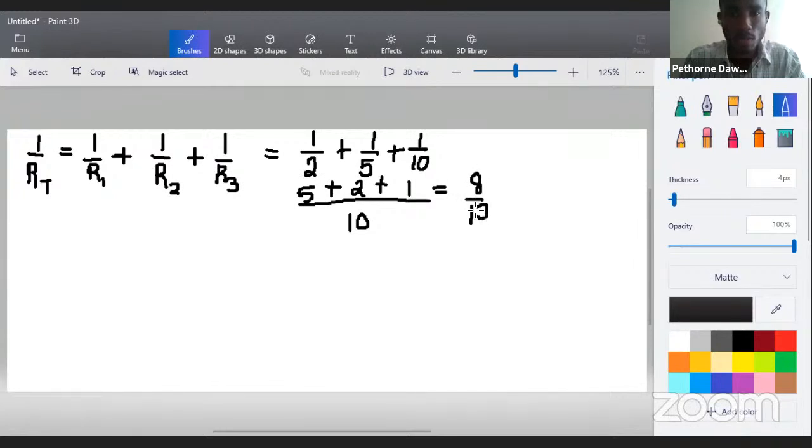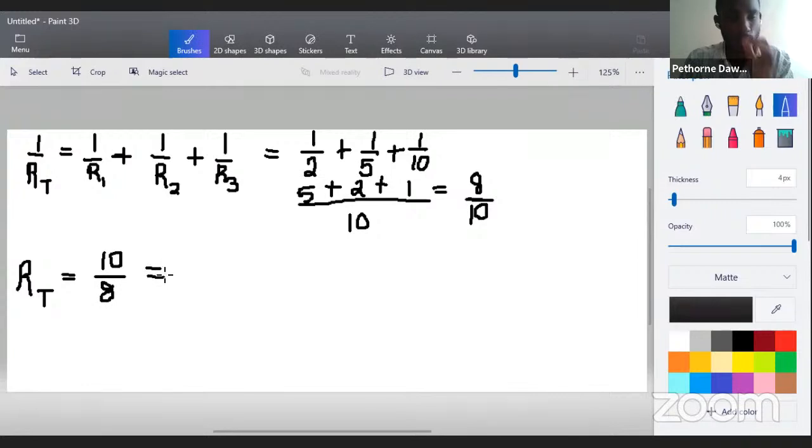Now, please bear in mind that what you have found is 1 over RT. To find the total resistance, and this is very important, we invert 1 over RT, as well as invert what 1 over RT is, which is 8 over 10, giving us 10 over 8.